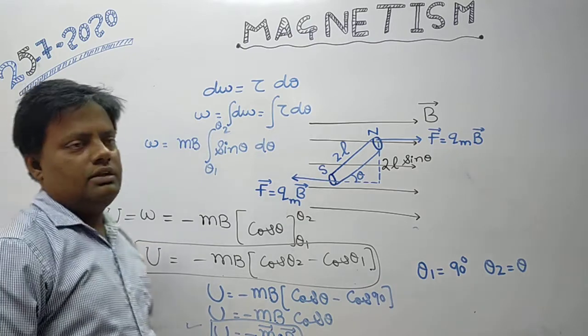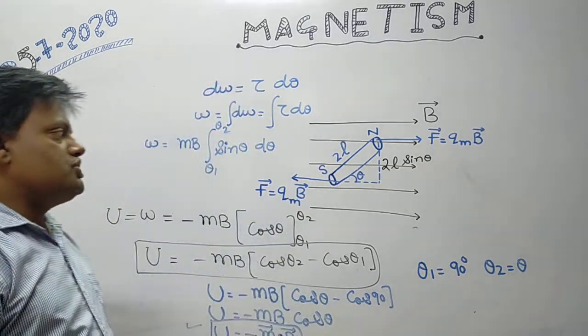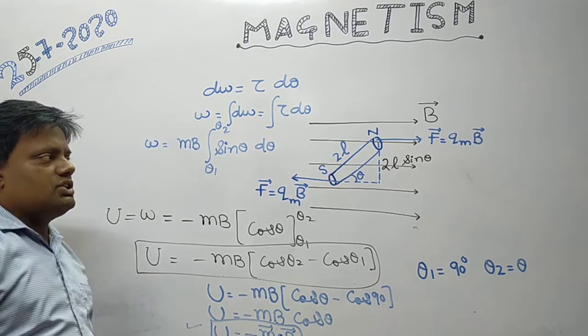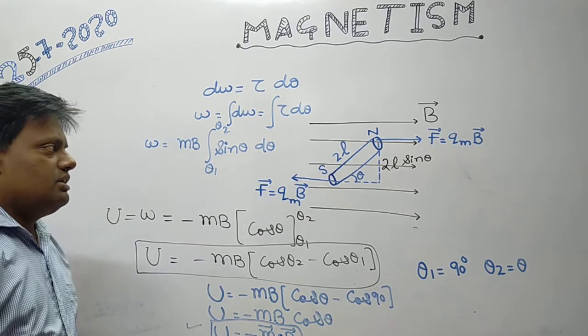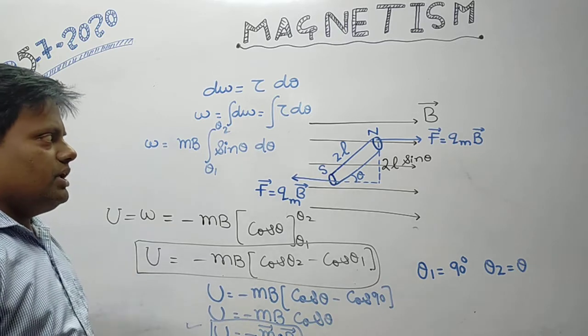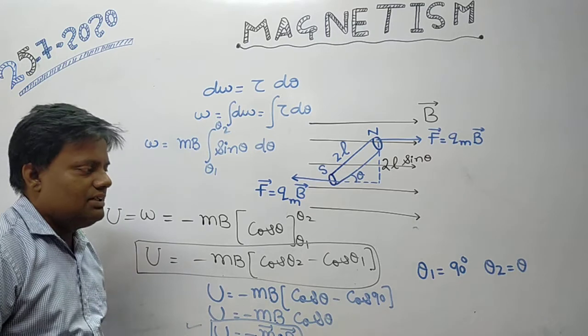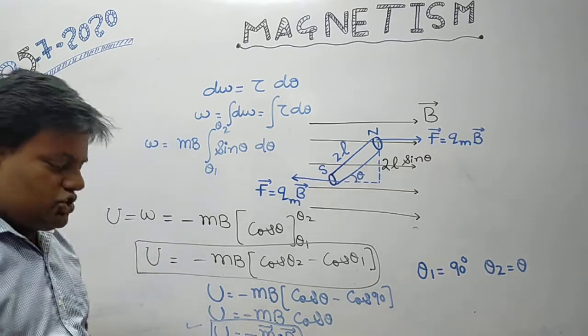This is your potential energy of a rotating magnetic dipole in a uniform magnetic field. This is similar to electrostatic potential energy.